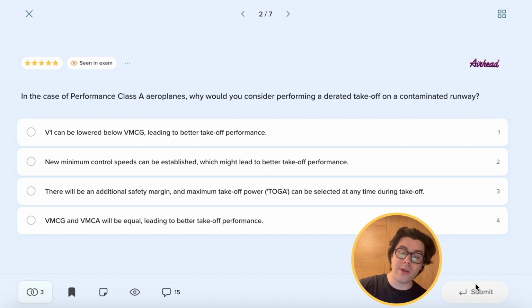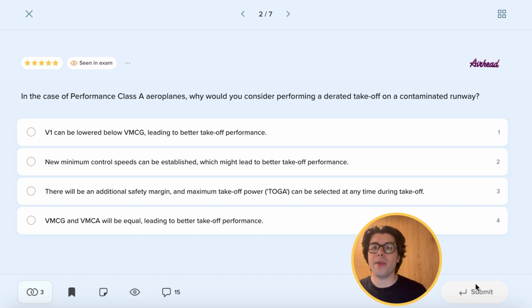In the case of derating the thrust, this is where we actually limit the maximum possible thrust. So in the case of derating, the maximum TOGA power will be limited to a certain value that we put in before. And this is a very important consideration, because when it comes to derating the thrust, something changes massively, which is the thrust of the engines and the maximum thrust that we can get.